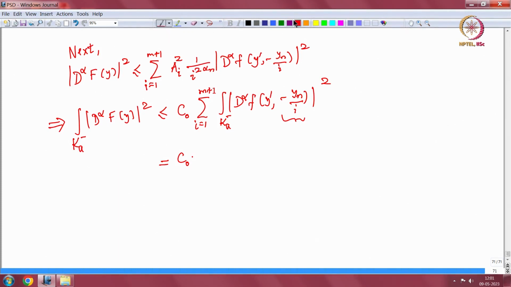Just verify these things. So this is not hard. So now it becomes K A plus intersection y n is less than A by I.